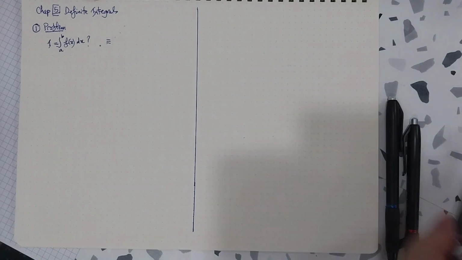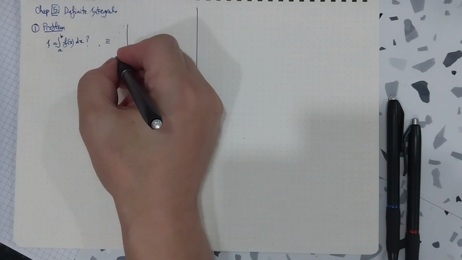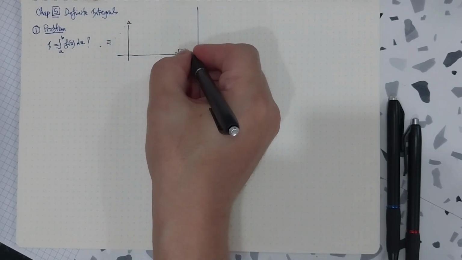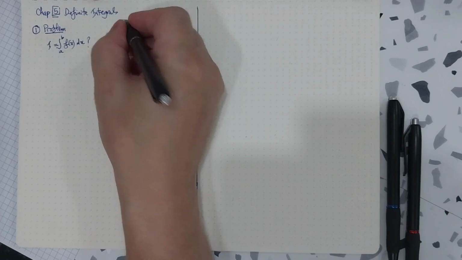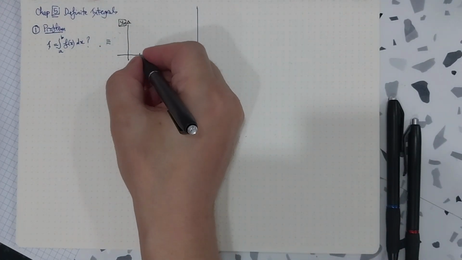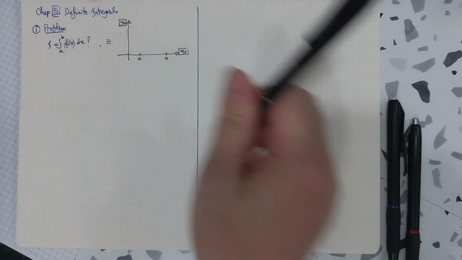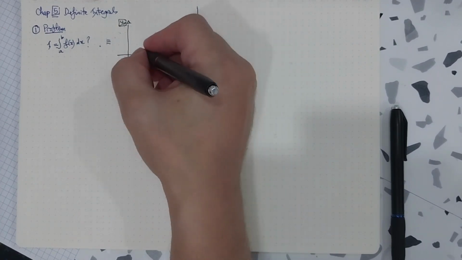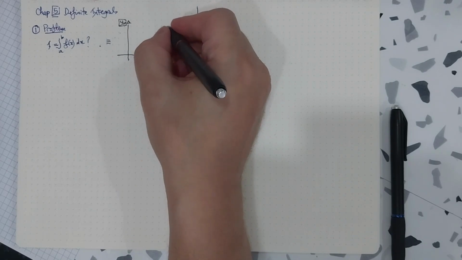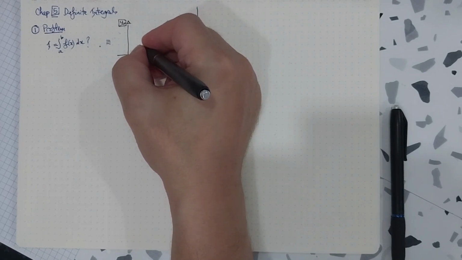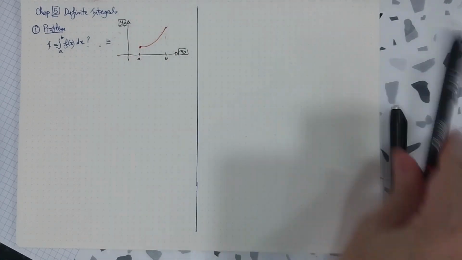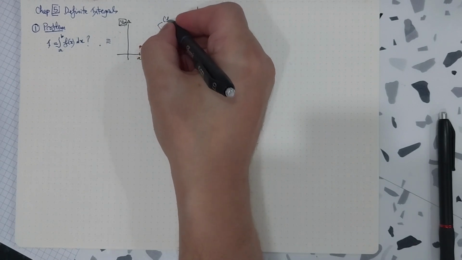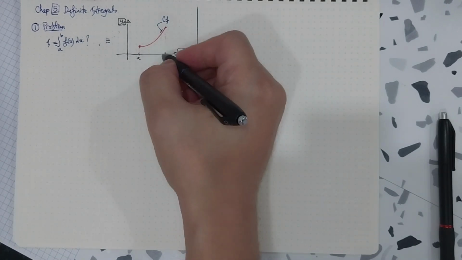This is equivalent to, let's change color, the x-axis and the y-axis. This is a and this is b. And let's suppose our function is like this. So the curve of f is given, a and b are given.